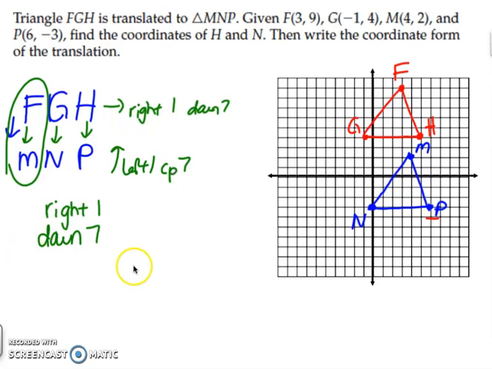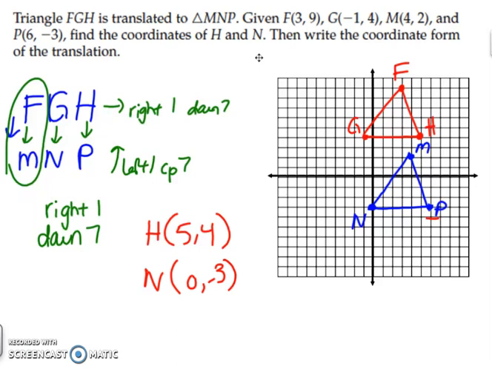All right, so that is tricky. It wanted us to find the coordinates of H and N. So our final answer: H is going to be at (5, 4), and point N is going to be at (0, -4).